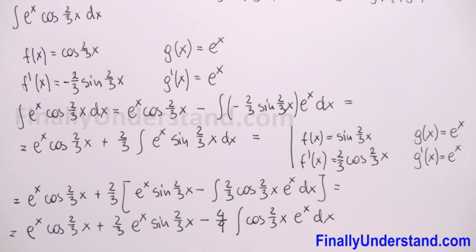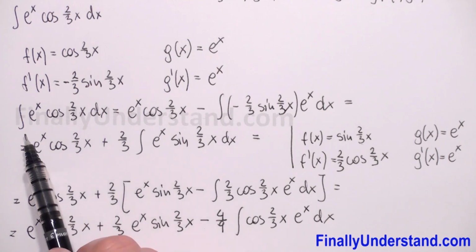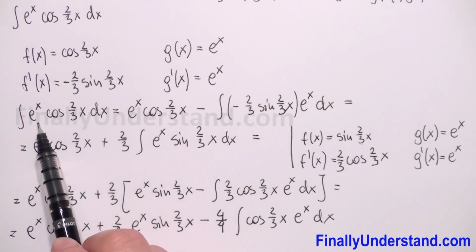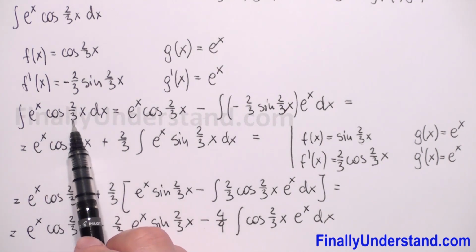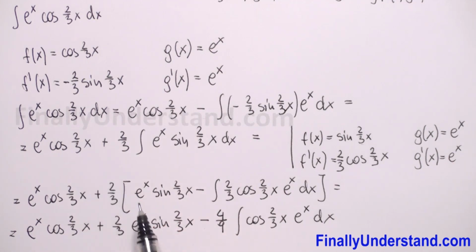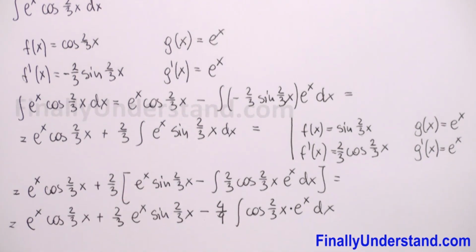What we have here, let's look. At the beginning we have integral of e to power x cosine 2/3x dx with respect to x. We got the same integrand. So let me rewrite one more time.